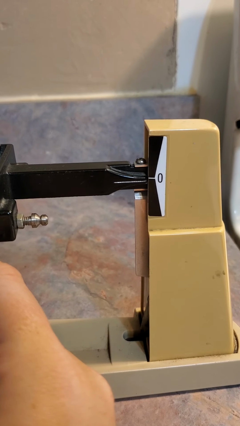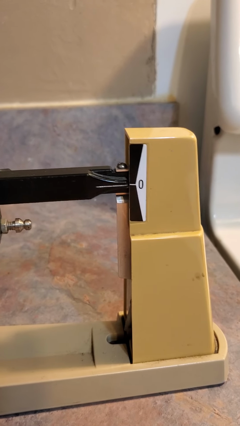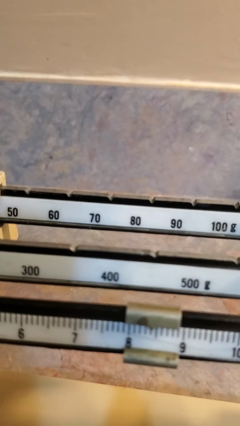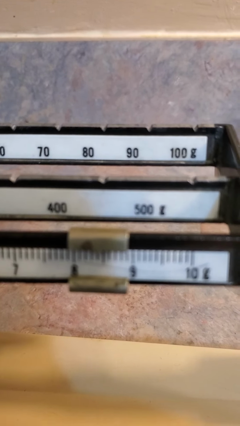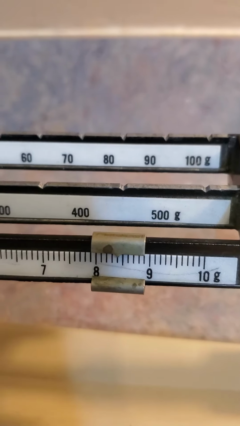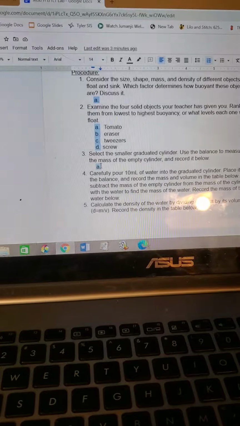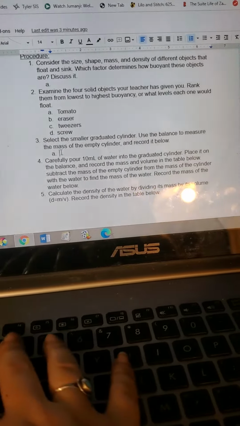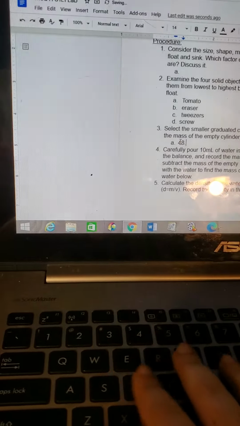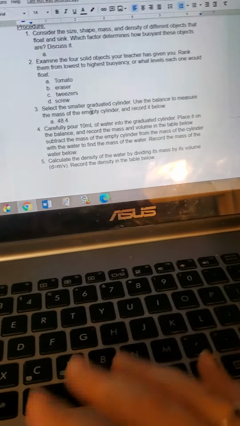It's too heavy. Alright, so it is going to be 48.4. 48.4. Alright, so we're going to go over here. Let me focus in here. 48.4. All right. So now we're going to go, and then don't forget the grams.